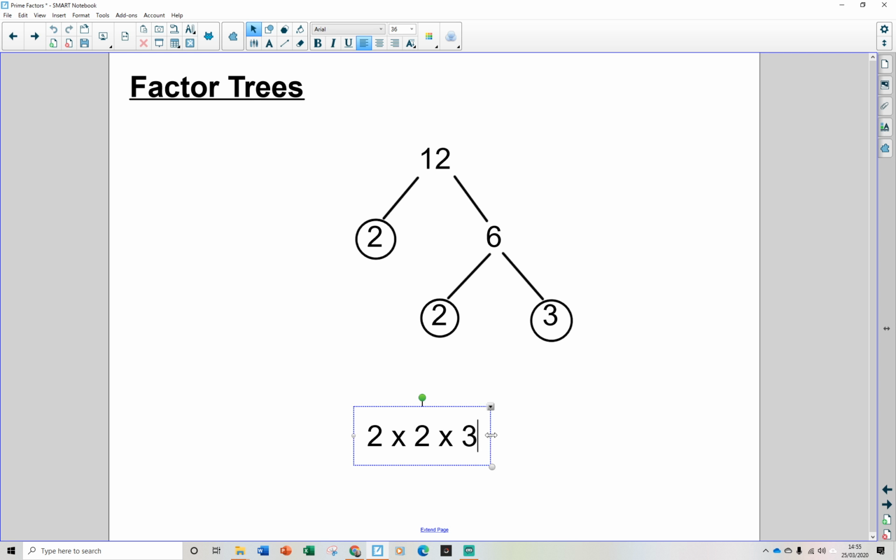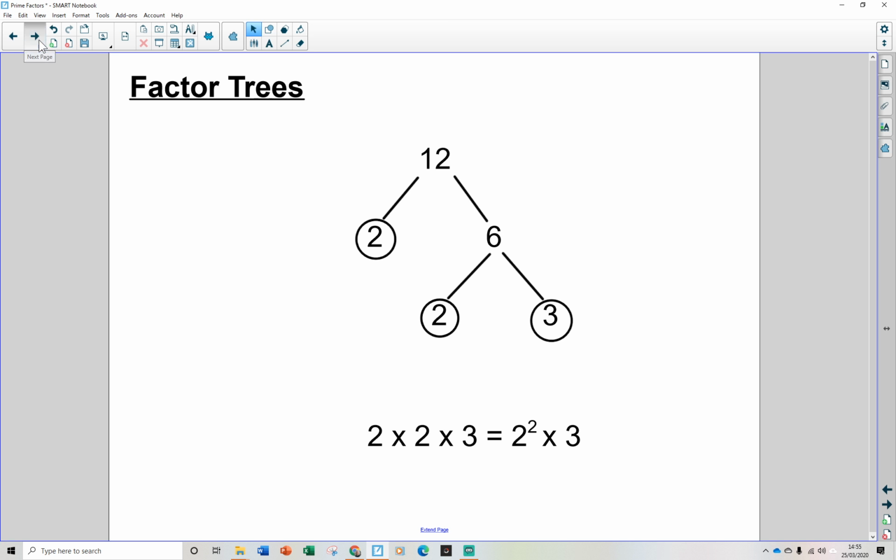Another way of writing that is to say 2 squared multiplied by 3. Okay, 2 squared, because we get 2 times 2 is 2 squared, multiplied by 3.